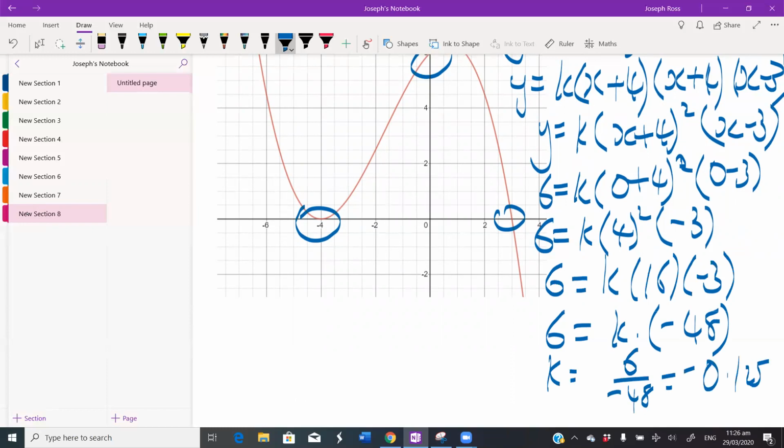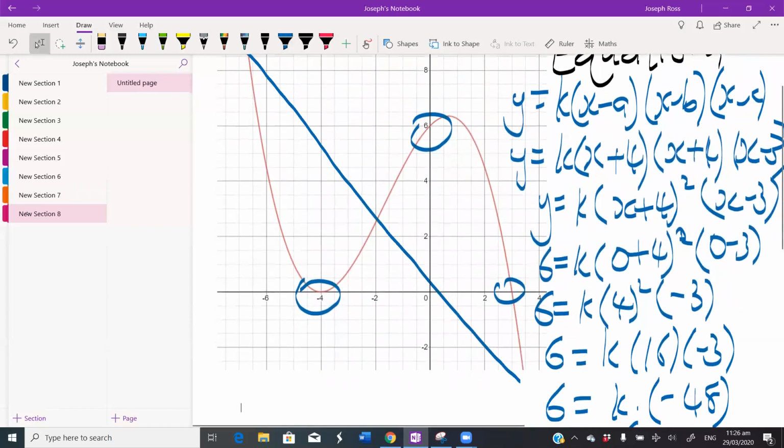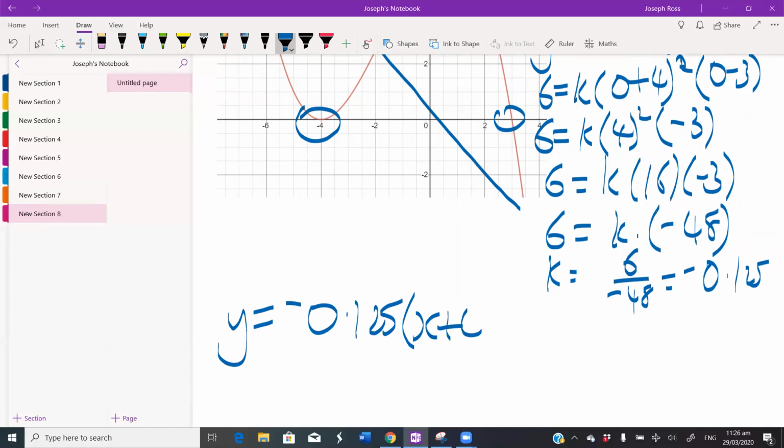In other words, negative 1 over 8. And because we do have that top left to bottom right trend, we are expecting a negative value of k. So our equation here is y equals negative 0.125 multiplied by x plus 4 squared multiplied by x minus 3.